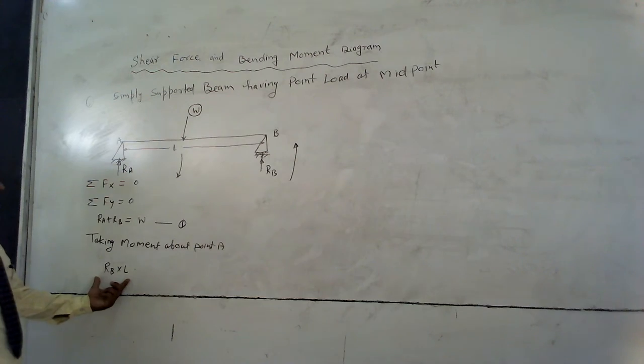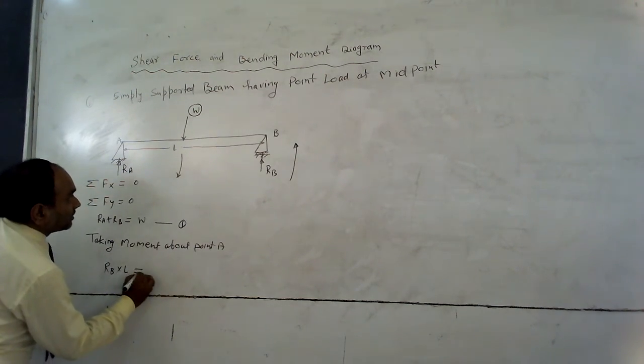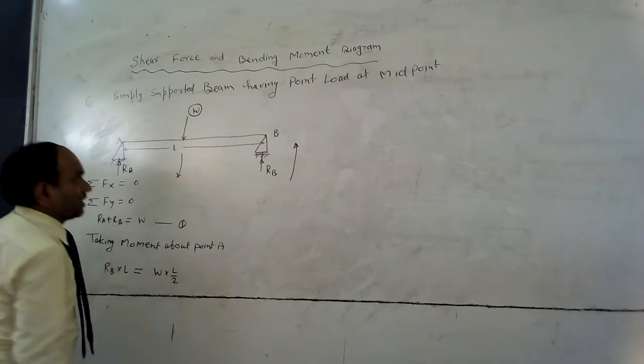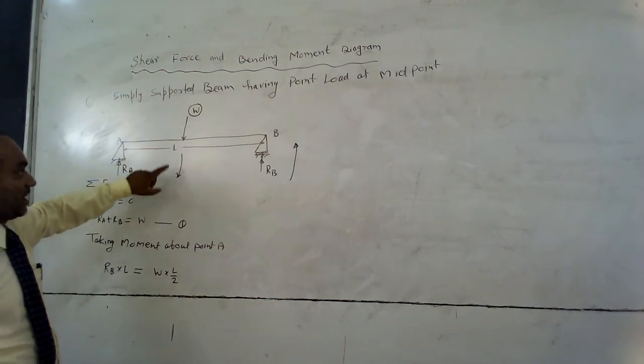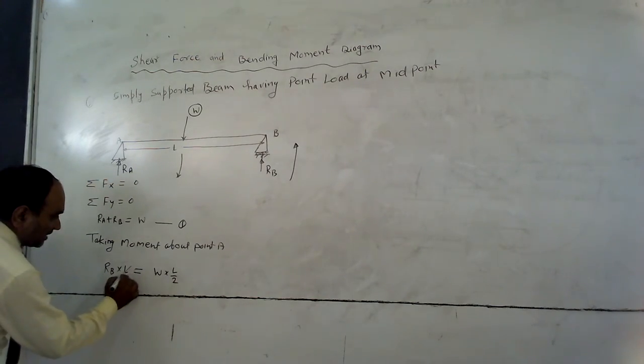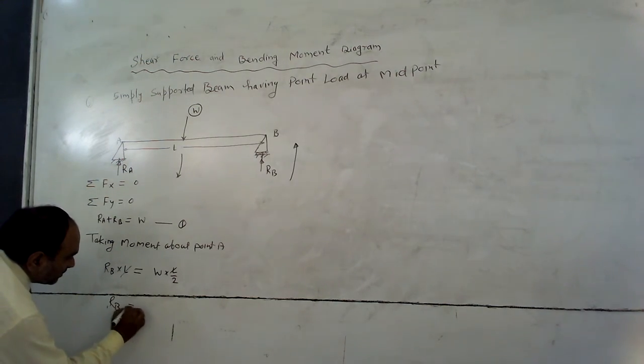So anticlockwise moment equal to clockwise moment. So Rb into L equal to W into L by 2. As the load is acting at the mid of this span, L cancels. Rb equal to W by 2.